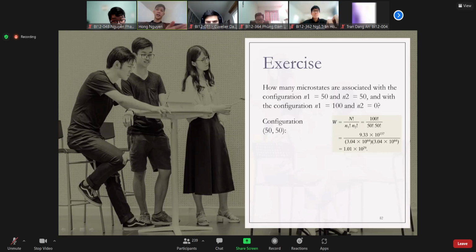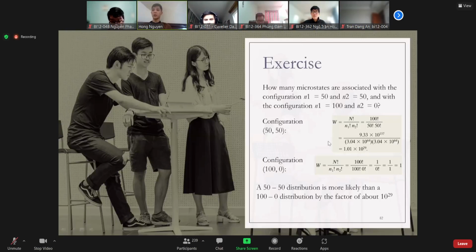So this distribution is more likely than this distribution by the factor of 10 power 29.